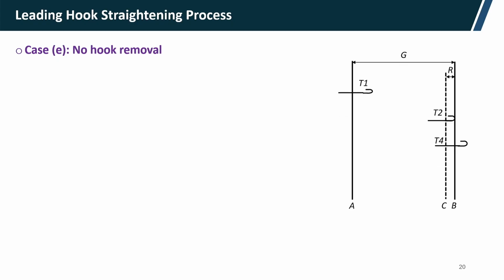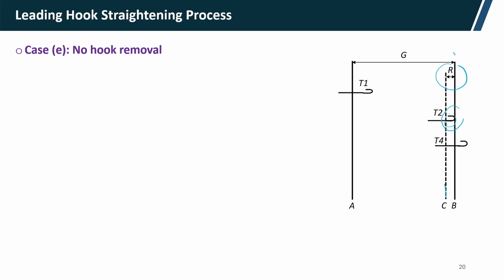Here, the hook portion reaches the front roller nip before removal, where the r distance, that is the accelerating point distance, is very close to the nip of the front roller.